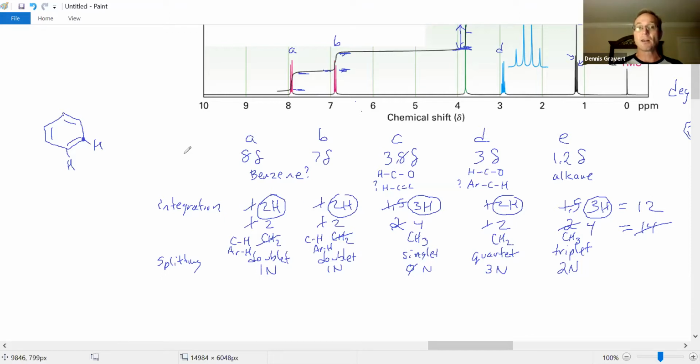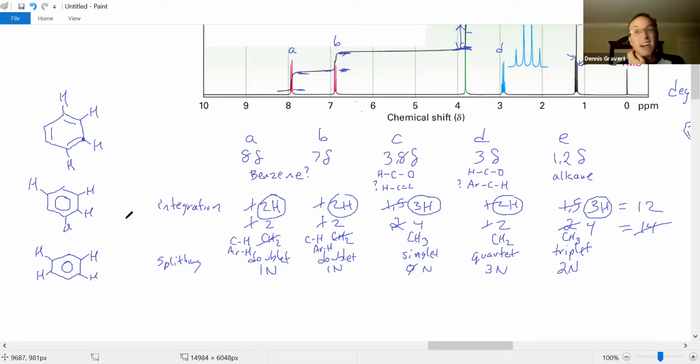There's a total of 4. So why don't we just draw them all? What are all the ways that 4 hydrogens can be attached to a benzene ring? Maybe we got all 4 together. Maybe we have 3 together and 1 apart. What if we have 2 hydrogens together and the other 2 on the other side? And it turns out those are all the ways of arranging 4 hydrogens on benzene.